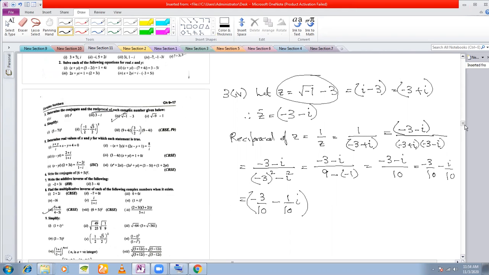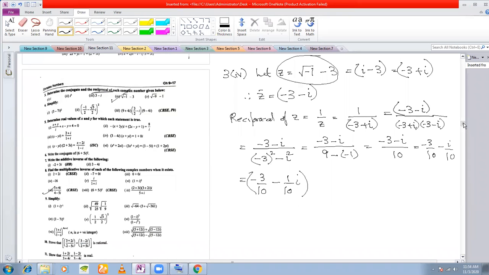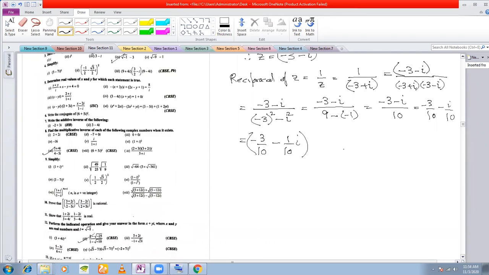Fine. So this is one. The next problem that I'm going to work out is multiplicative inverse. Look at number 7. Find the multiplicative inverse of the following complex numbers if it exists.